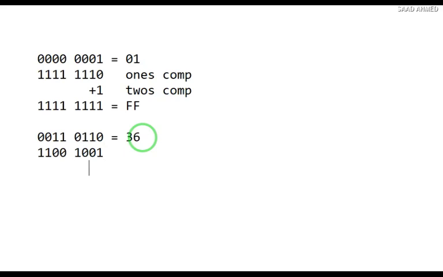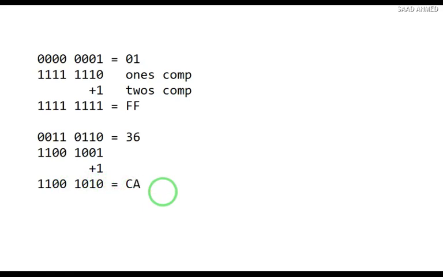Next step is to take the 2's complement, and for that we know that we have to add 1 to it, and it will come out like this. I hope you know how to add numbers. So this is the 2's complement, and if you look at it, it is 12, which is C, and this is 10, which is A in hexadecimal.